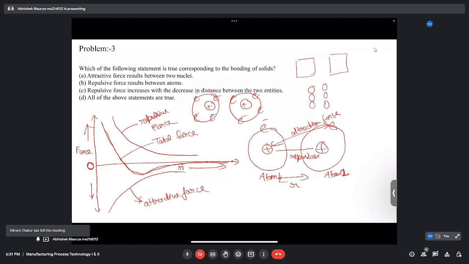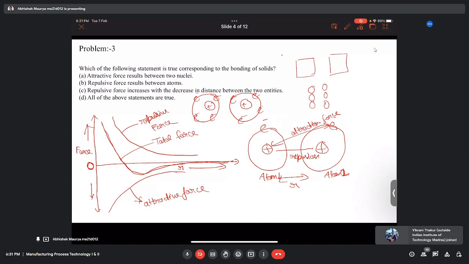But what will happen if we start bringing them together? Up to a certain point, I will modify the diagram a little bit. The force will be something like this.